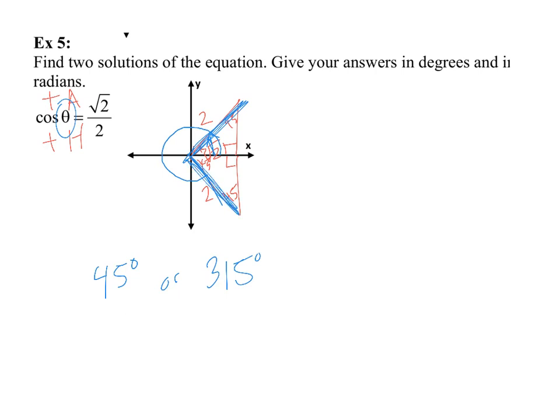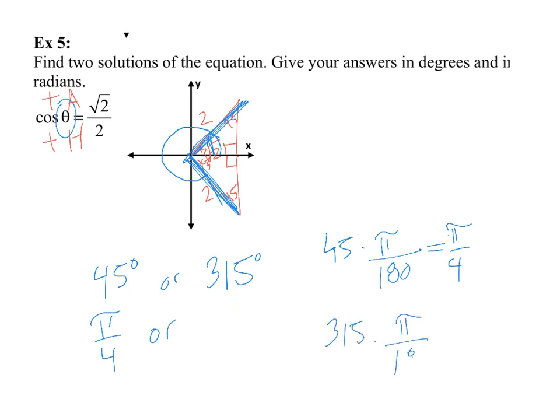And I'm going to convert both of these into radians. So multiply by pi over 180, which gives you pi over 4. And for the other one, once again, pi over 180. And that gives you 7 pi over 4 when you simplify.